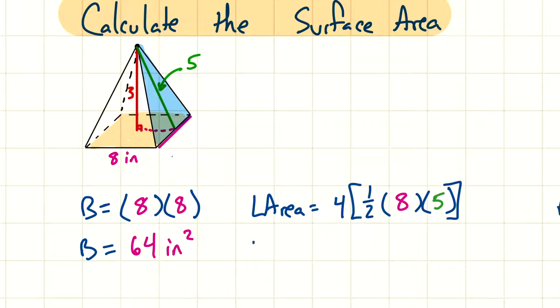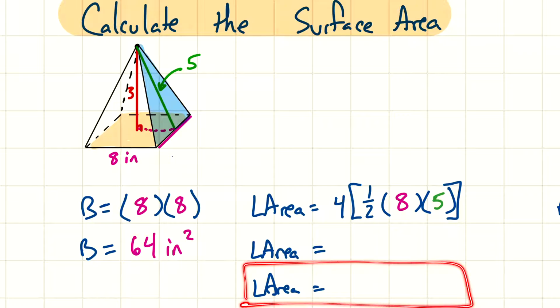So you could do it in steps if you want. But either way, I want to know what your final answer is. I actually might write it in steps, but I want to know what your final answer is. Don't forget your units. This is area, so it would be inches squared, so make sure to include that in your final answer.